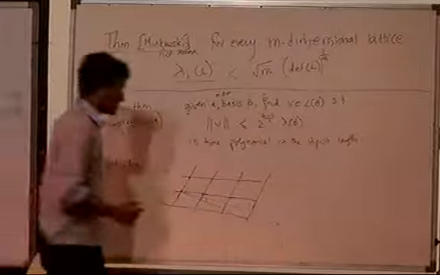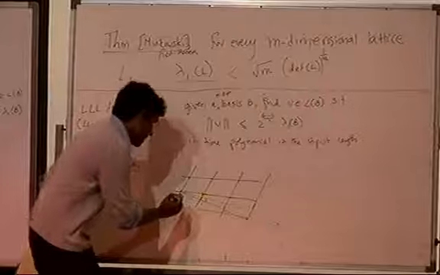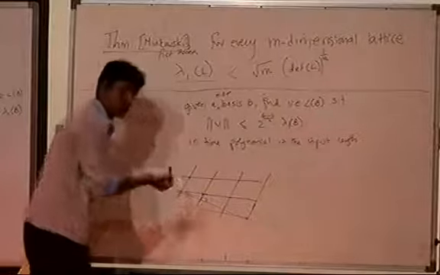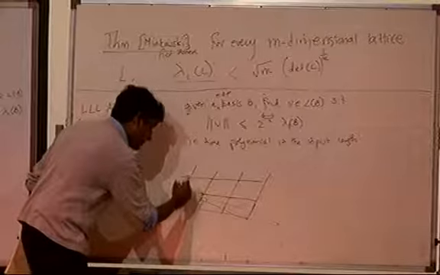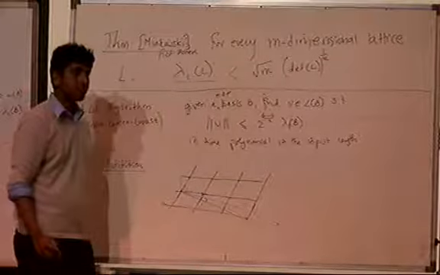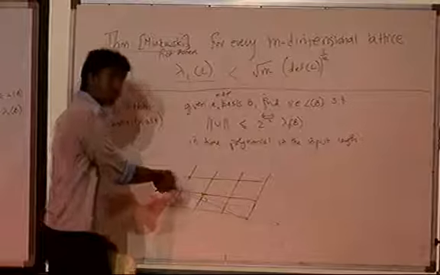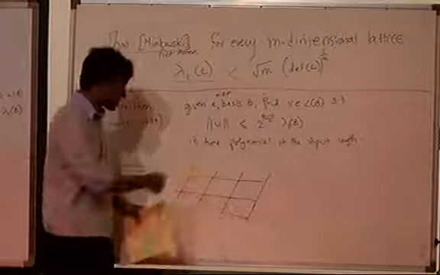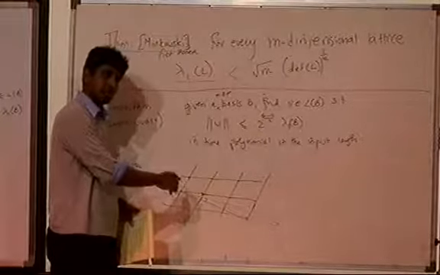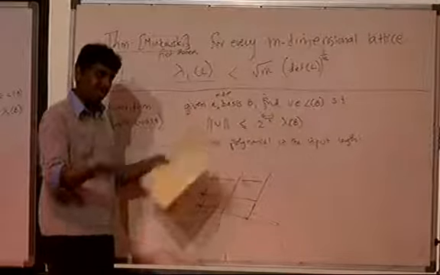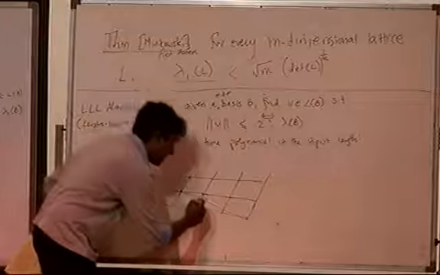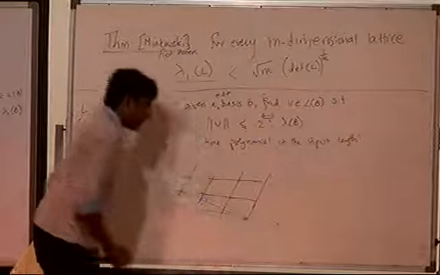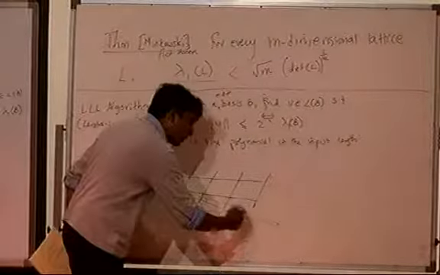Another way to think about it is the Gram-Schmidt orthogonalization of this basis: you have this vector and the orthogonal component, and the orthogonal component is pretty large, almost the length of this vector. Why? Because the angle is large. If you look at the orthogonalization of this basis, let me take this vector and the orthogonal vector to the other vector.